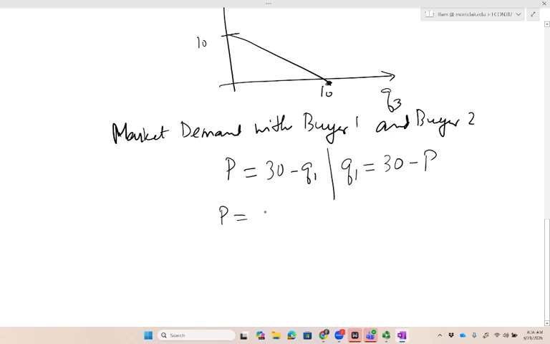Similarly, for buyer 2 it was 20 minus Q2, which gives me Q2 equal to 20 minus P.